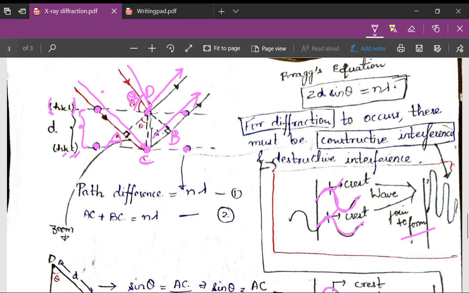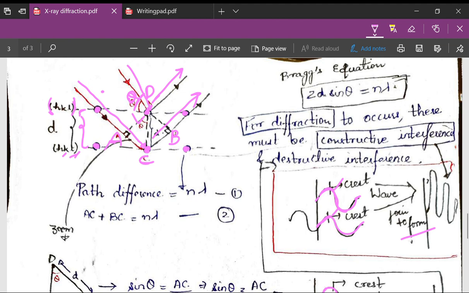And how do we calculate AC? There is a right angle here, which is 90 degrees. So when we subtract, 90 minus theta, then this angle is 90 minus theta, so angle ADC makes angle theta.